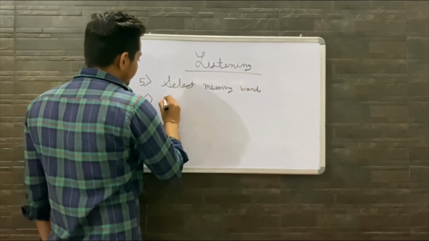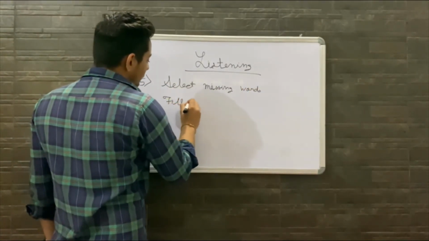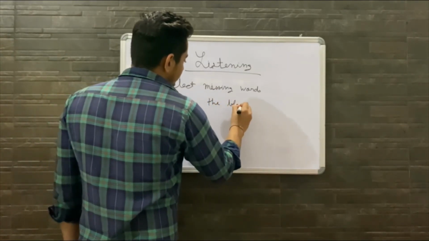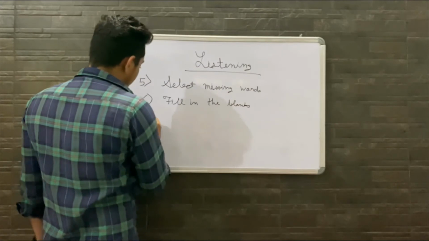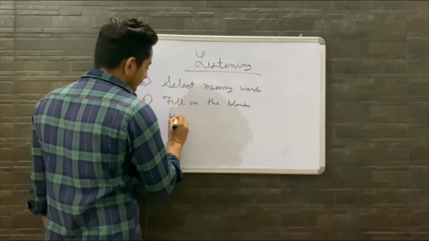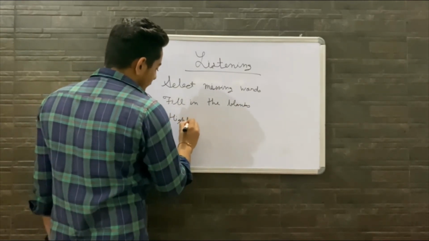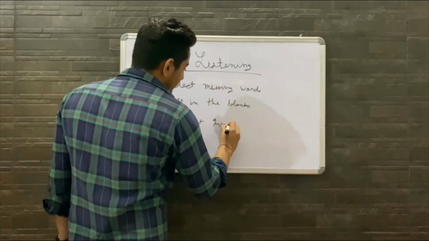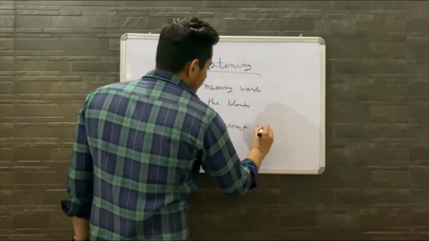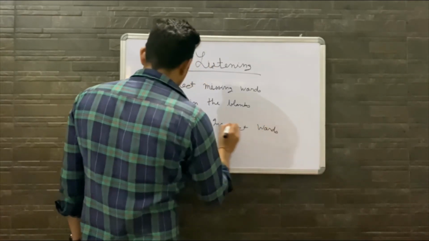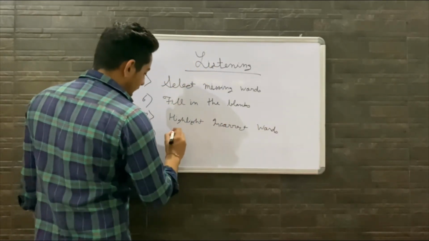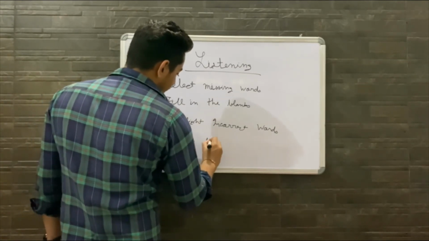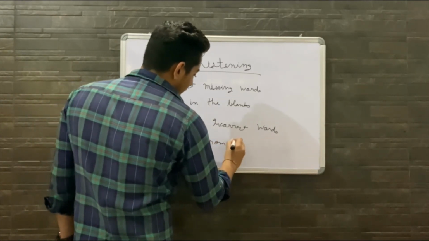Sixth is fill in the blanks. Seventh is highlight incorrect words. And eighth one is write from dictation.